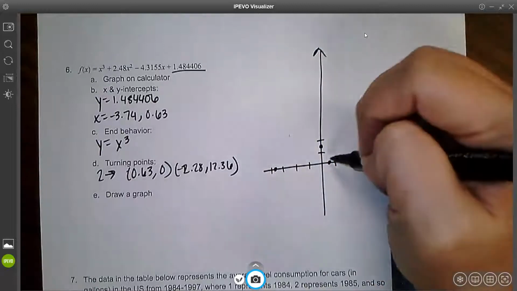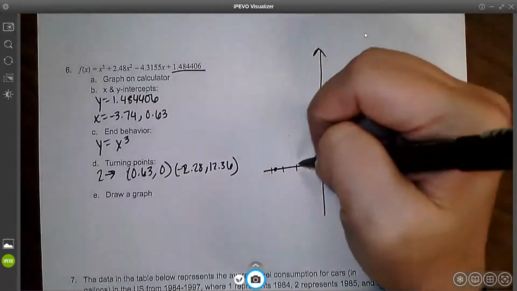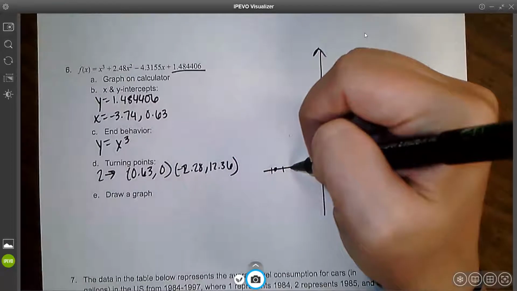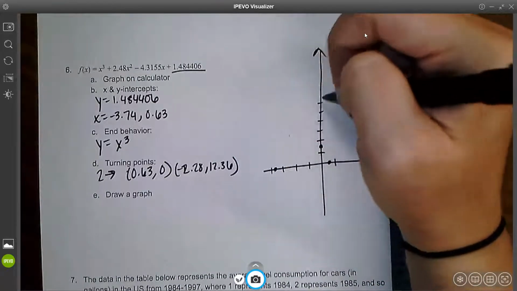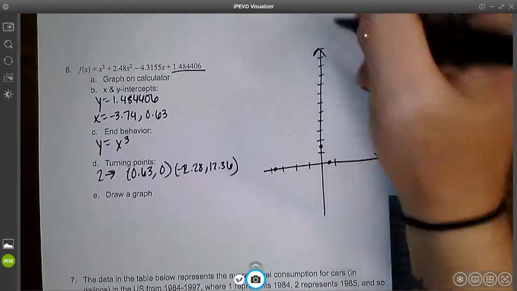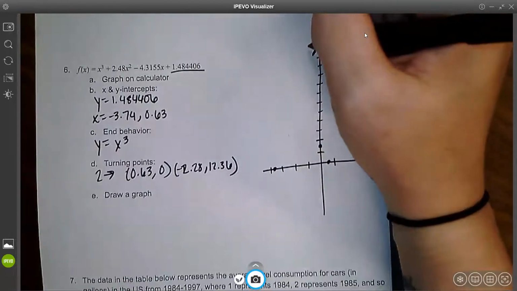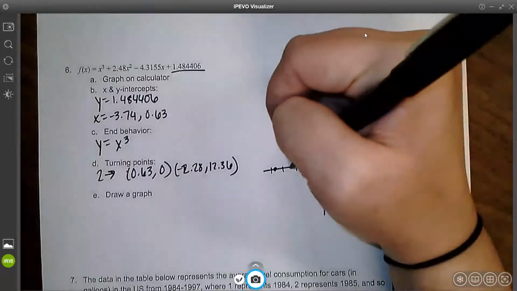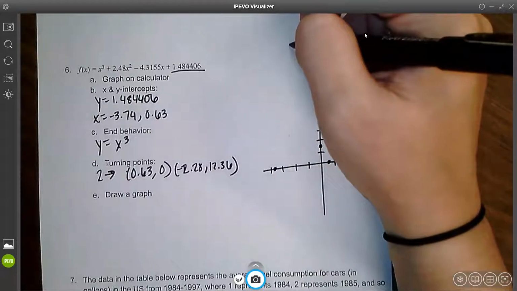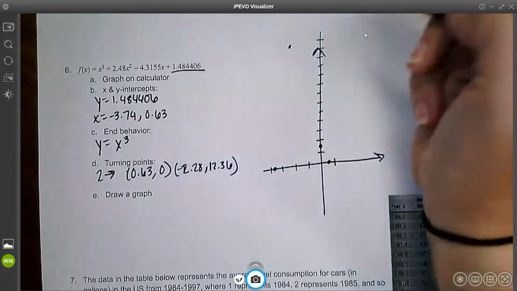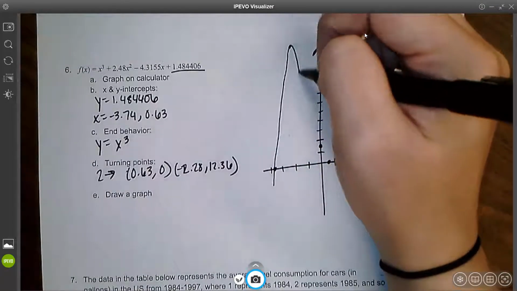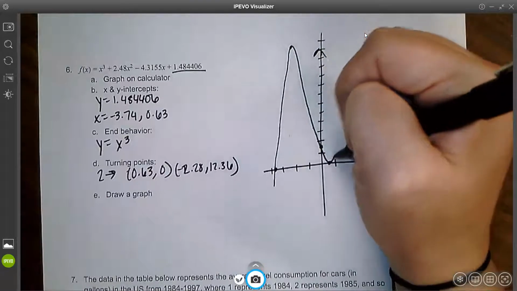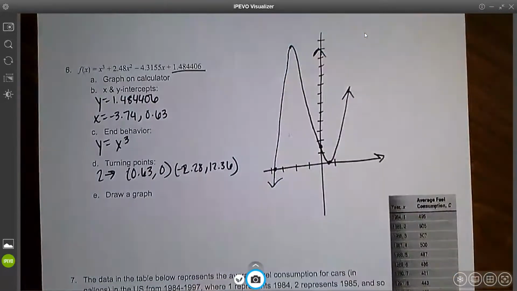And then I have my turning point, which is here, at negative 2.3 roughly, and then 12.36. That's 1, 2, 3, 4, 5, 6, 7, 8, 9, 10, 11, 12, 13, 12.36, and a negative 1, 2, 3, so something like that. So my graph is going to look like this. Roughly.